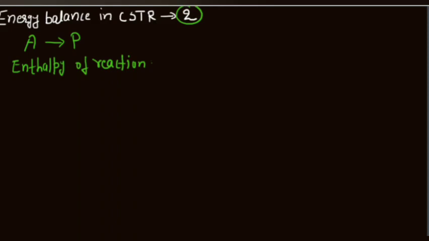So if you calculate the enthalpy of reaction, I will denote it with H naught R. If I write H naught R, that means it is a standard enthalpy of reaction, my dear student. Now understand one thing, how we can define the enthalpy of reaction.